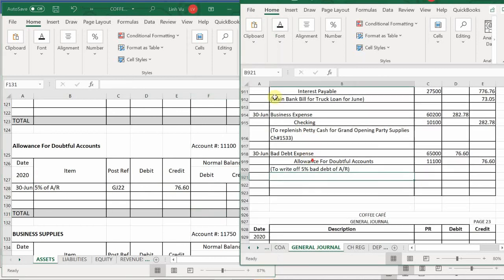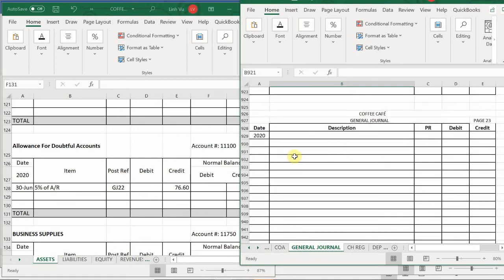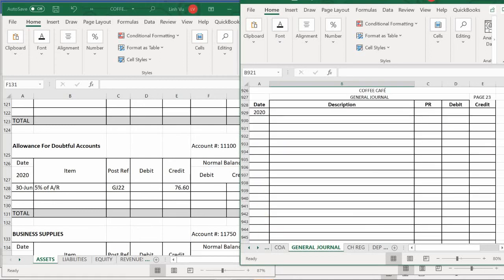So we are done with this journal here. All right. So that means we're moving on to journal number 23.